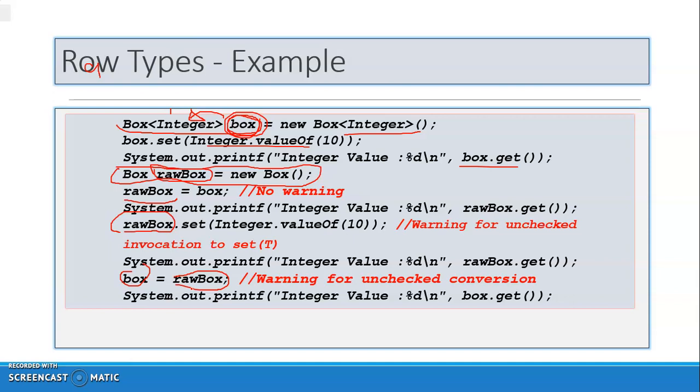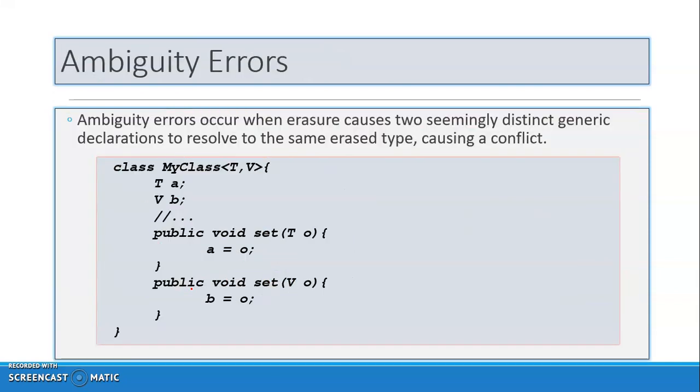It will give you a warning, but it will try to do the implicit casting. But there will be other situations where explicit casting is necessary. Otherwise, your program, despite having compiled, may give you problems during runtime. It may not work because of the raw type. So I just want you to take note of this.